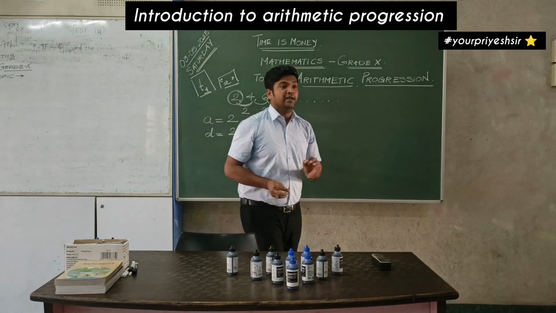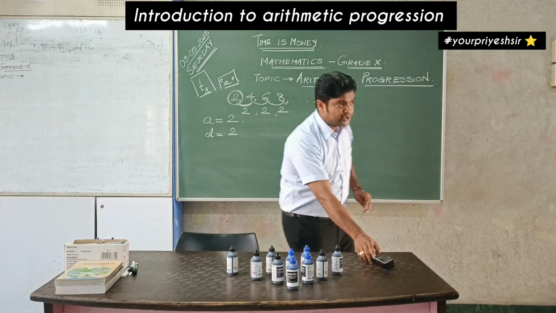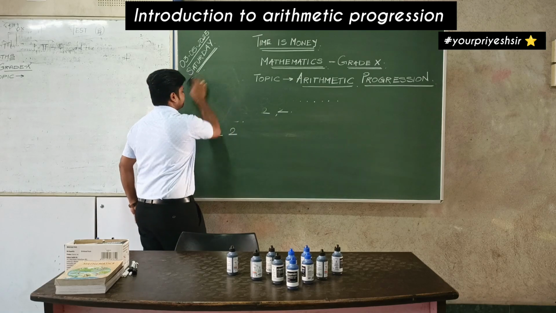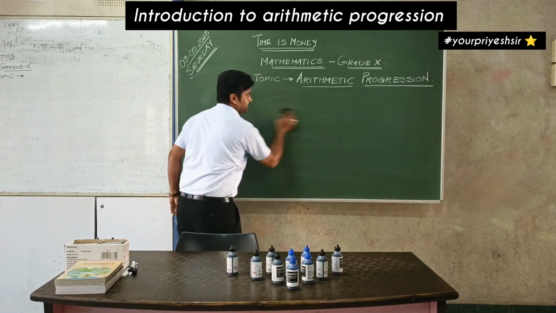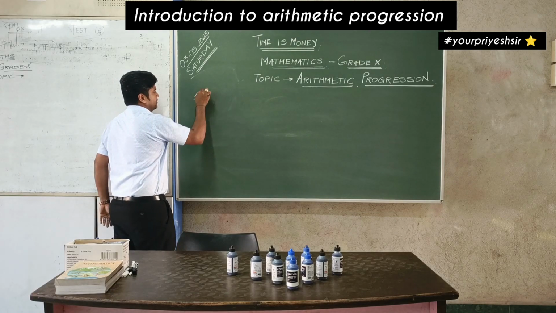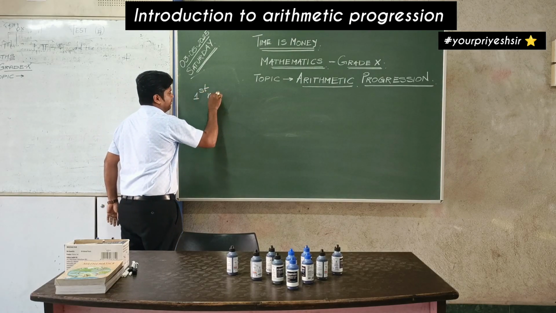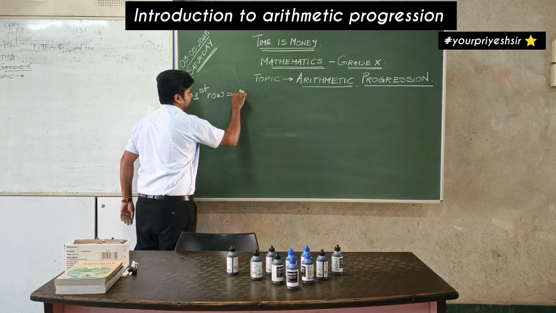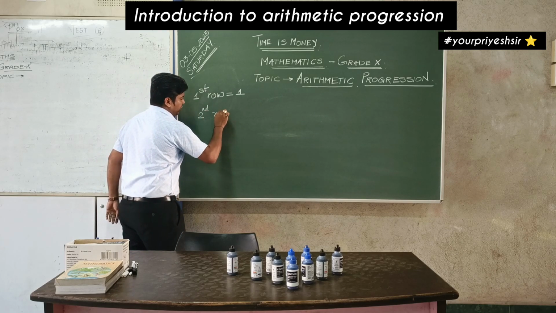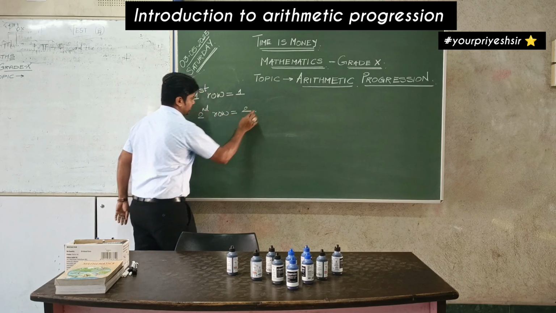Now, looking at this geometrical format, what we get is, pay attention, beta. So first row, how many bottles, beta? 1. Second row, how many bottles? 2.